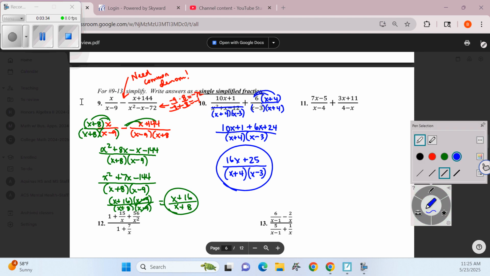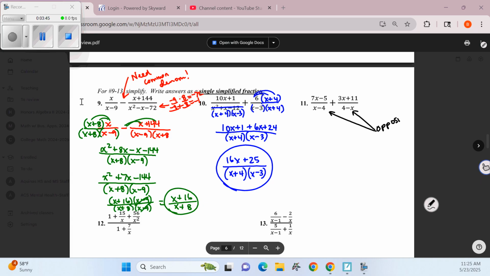With this last one, number 11 on this line, I hope you can see that these are opposites as far as the denominators go. So there's no need to get the full common denominator. We could simply factor out a negative 1 from one of them, which would change the signs and make them the same.